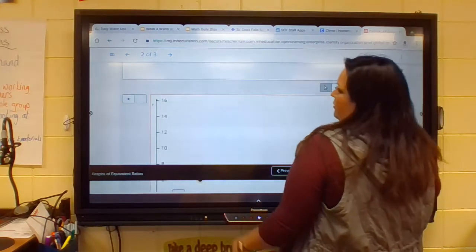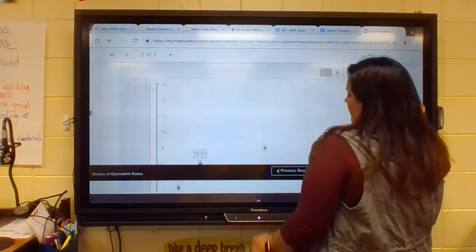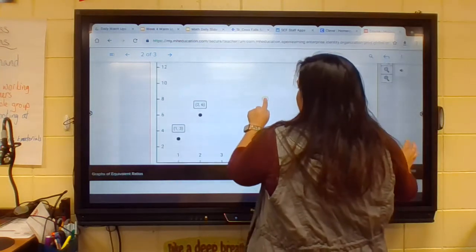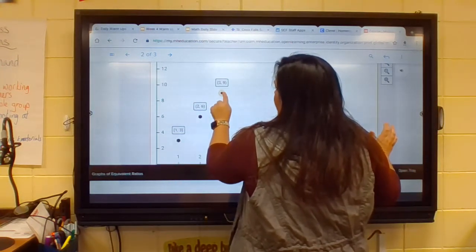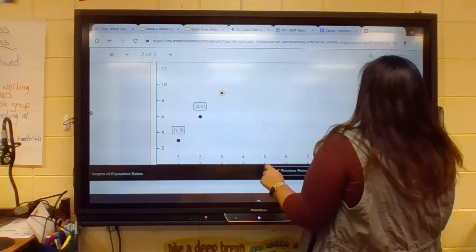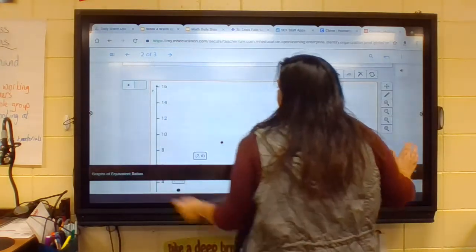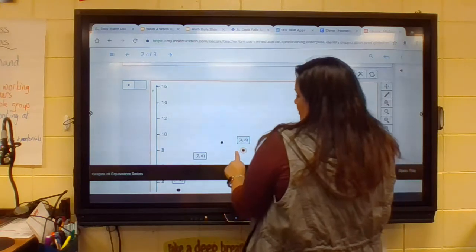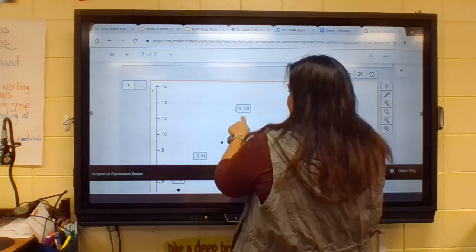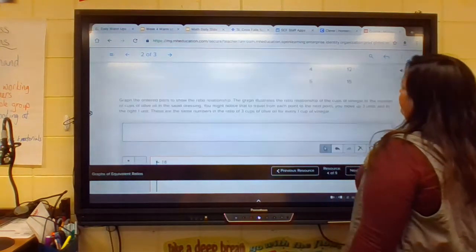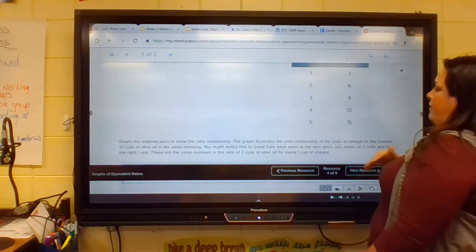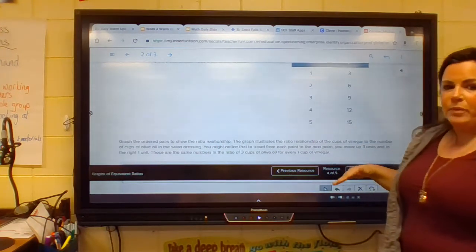And we can continue on in that method. 3, 9. And then our next one would be at 4, 12. We could put another one at 5 and 15 if we wanted to keep going.